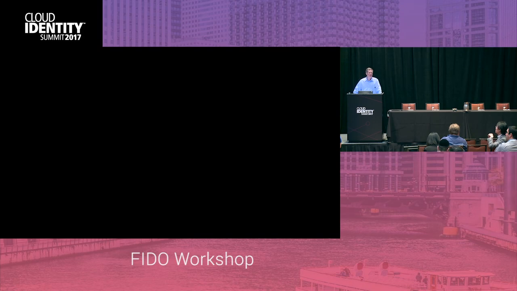Yep, so the question is, we've got this JavaScript layer and it needs to access USB and NFC and Bluetooth and so on. There are two layers here. One is the JavaScript API that we've provided and that the platforms will support.